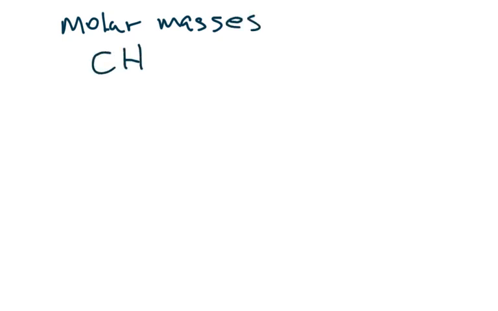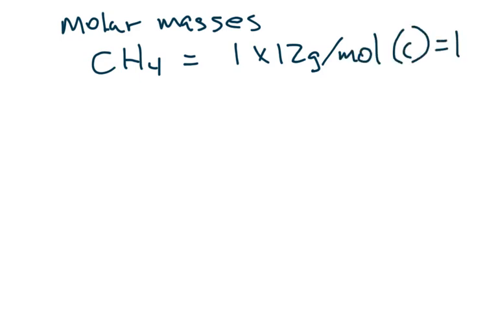All right. We need to know a couple of things. First, we need to know the molar mass of the 2 reagents in the chemical equation. So molar masses. So I'm going to do CH4, and so I've got 1 carbon, which is 12. 1 carbon times 12 grams per mole of carbon, which equals 12.